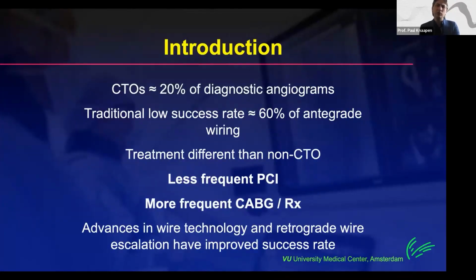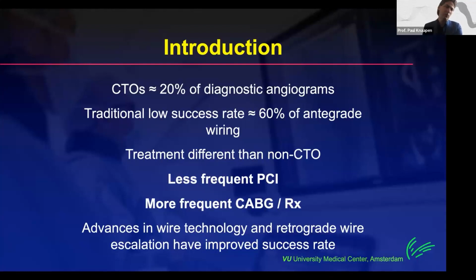So as an introduction, I would like to state that we all know that about 1 in 5 of diagnostic angiograms that have obstructive coronary artery disease display a CTO, so it's relatively common, and that we know that throughout the world and still in contemporary practice, the traditional low success rate of antegrade wiring is about 60%.